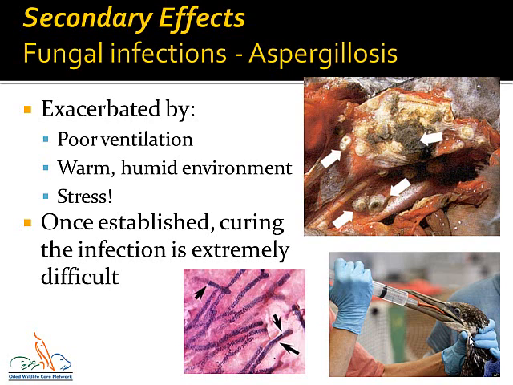These environments are warm and humid. Of course, the animals are cold, so we have to keep the temperature of these facilities pretty high. And there's a lot of stress. These animals have been through a lot. So all of these things combined can lead to this very serious fungal infection called Aspergillosis.